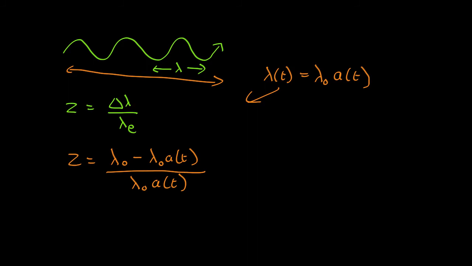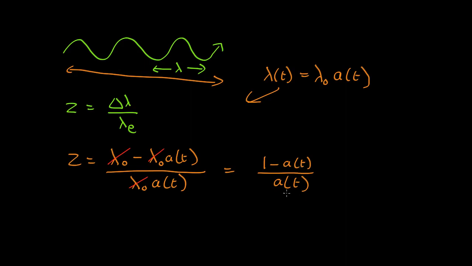So all the lambda naughts cancel, and we find that the redshift is equal to 1 minus a of t, the scale factor, all over a of t.